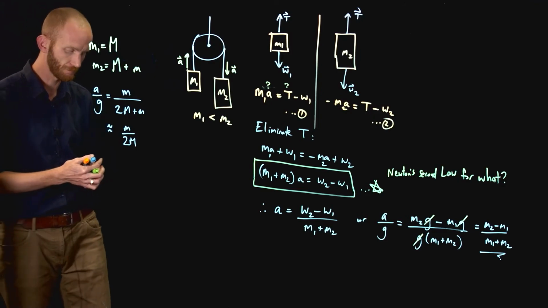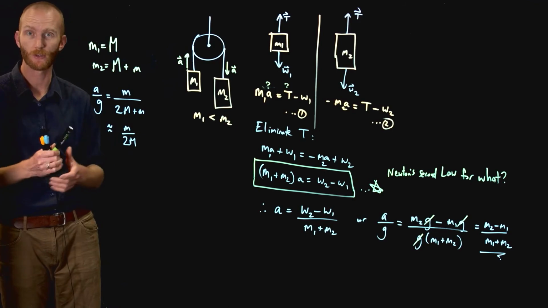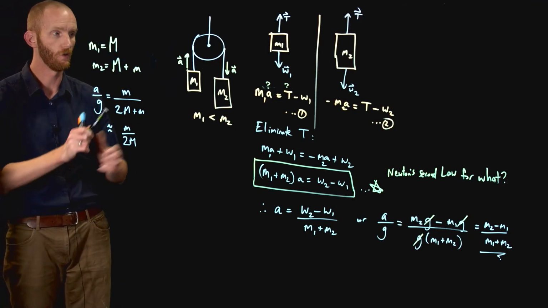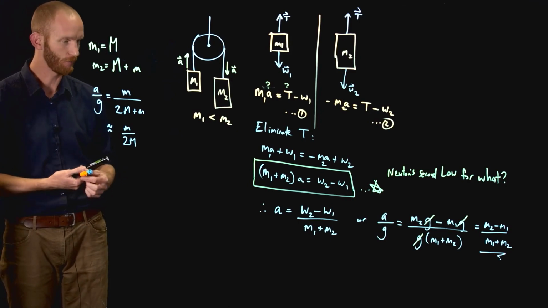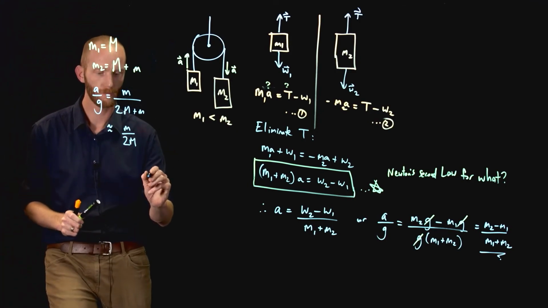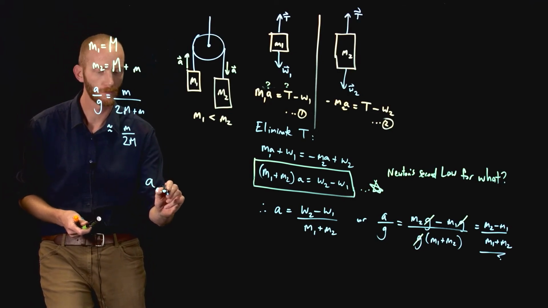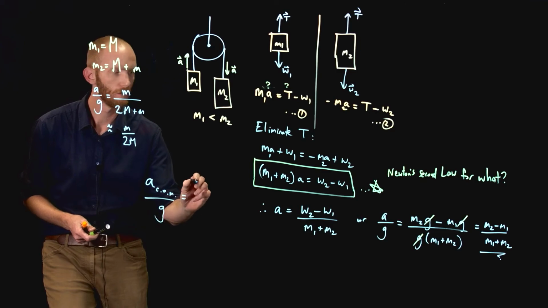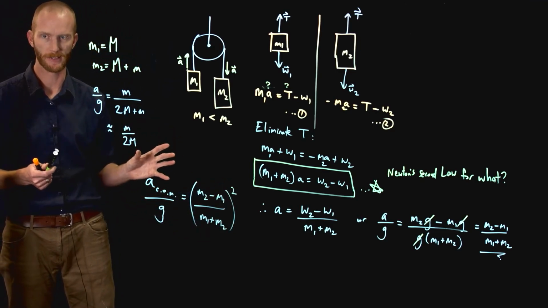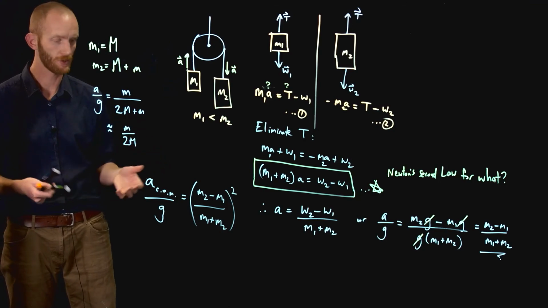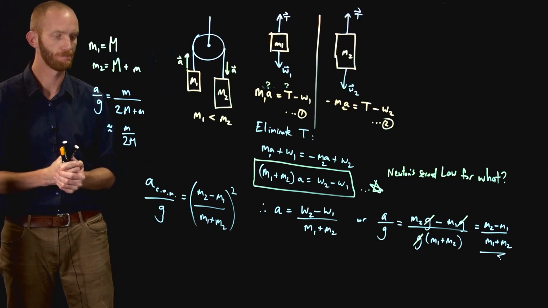If we were to think of the whole system combined, we would actually have to use the center of mass displacement of these two bodies and define a new set of coordinates for that. And if we did that, we'd find that the true acceleration of the combined system, described by its center of mass, looks like the acceleration we found for each of the masses, but it depends even more strongly on this quotient of the mass difference divided by the mass sum.